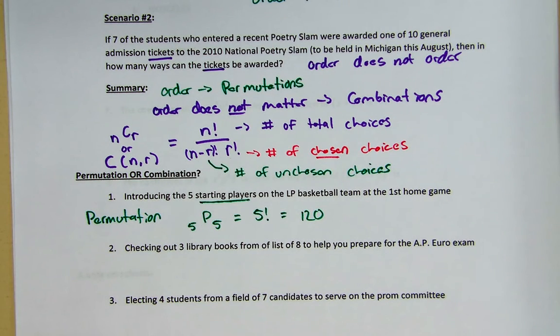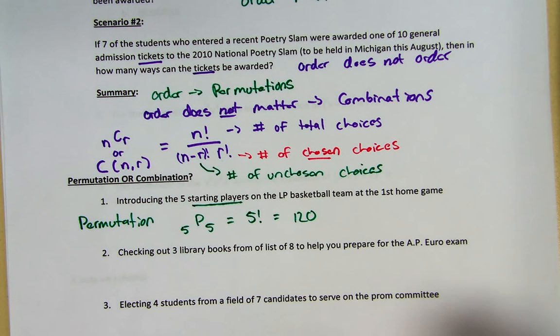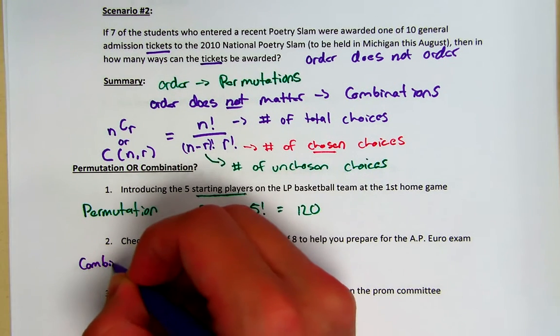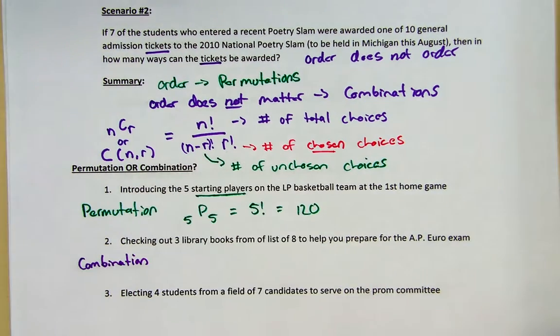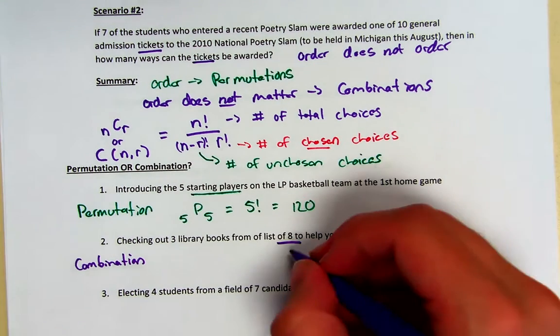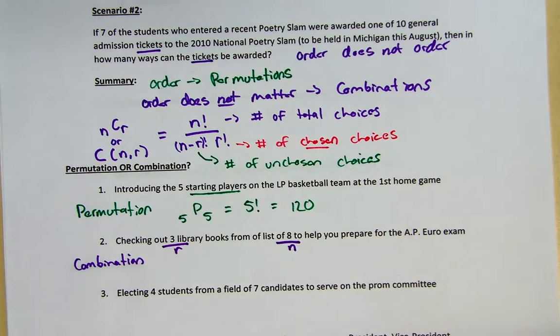Checking out a list of books from the library to help you prepare. Nothing about that really tells me I need to check out these 3 books in order. So this is a combination. How many books am I checking out, or how many books total? There's 8, so that's n. I'm checking out 3, so that's r.